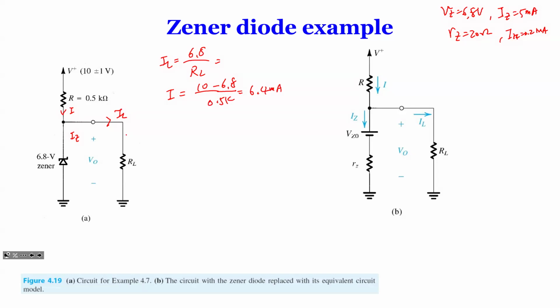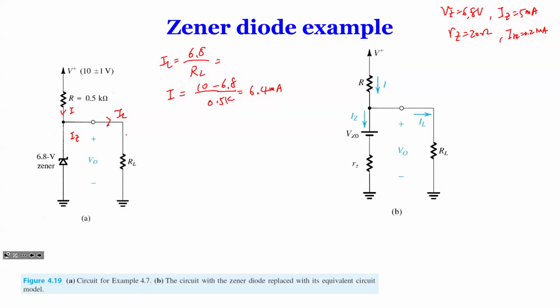If you consider the change, it says that the input voltage of 10 volts has a change of plus or minus 1 volt, and we want to look at what will be the load current. Now, if that changes, what we do is replace the Zener diode with the equivalent circuit. The equivalent circuit of the Zener diode looks like a voltage drop and a resistance.